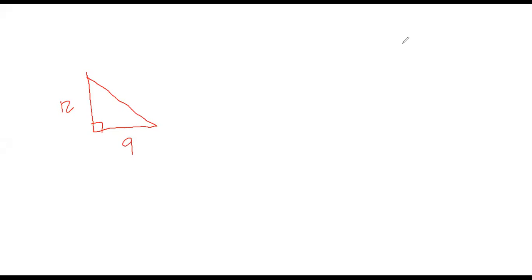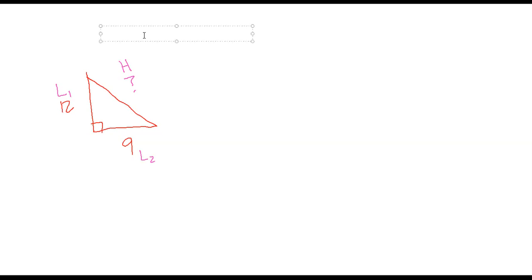Let's do one problem at a time. What do we call 12? What do we call 9? And what do we call this side? You call 12 and 9 the legs. And the other side is called the hypotenuse. I'm going to spell that out so you can learn how to pronounce it.